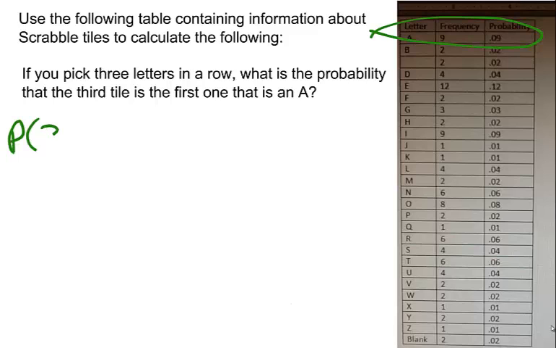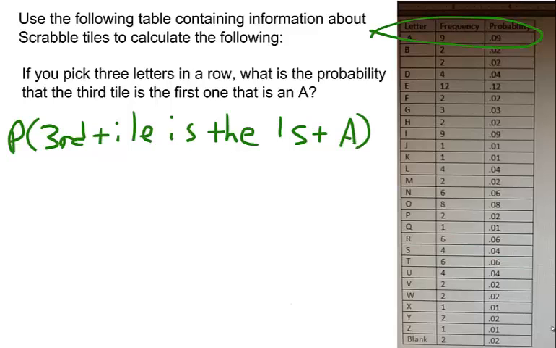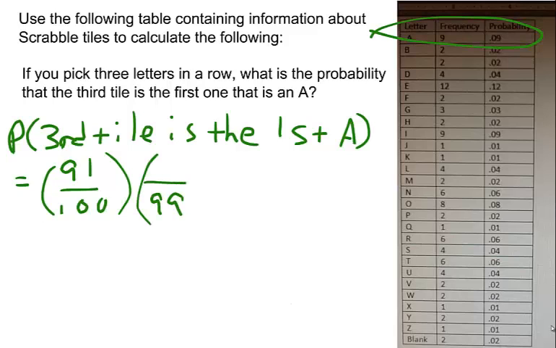The probability that the third tile is the first A is equal to the first tile not being an A, which is 91 out of 100. When we draw our second tile, there's only 99 tiles left in the bag. The second tile is not an A. We have 90 left that are not A's.